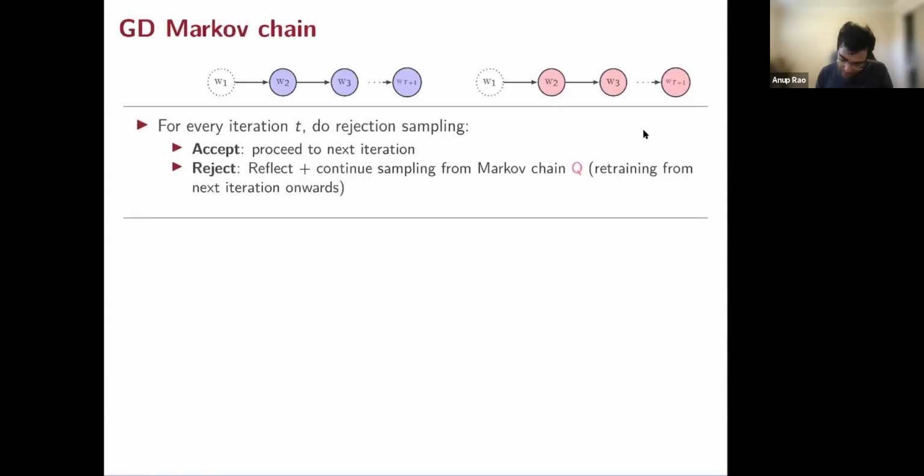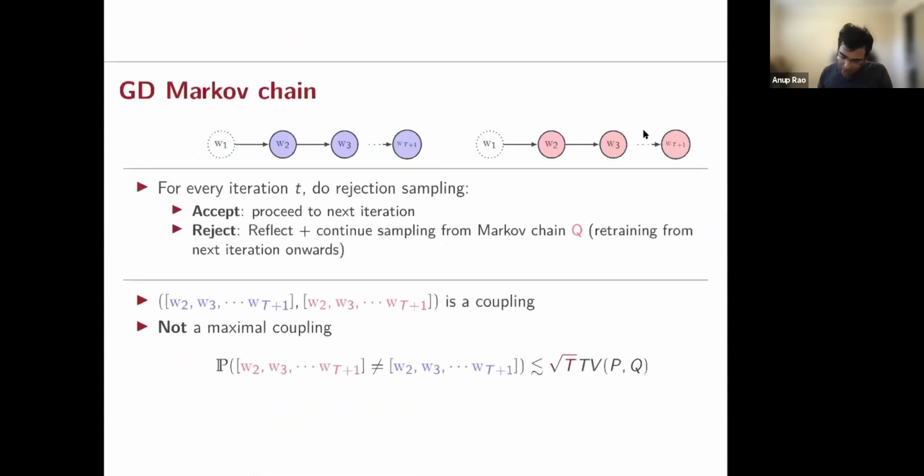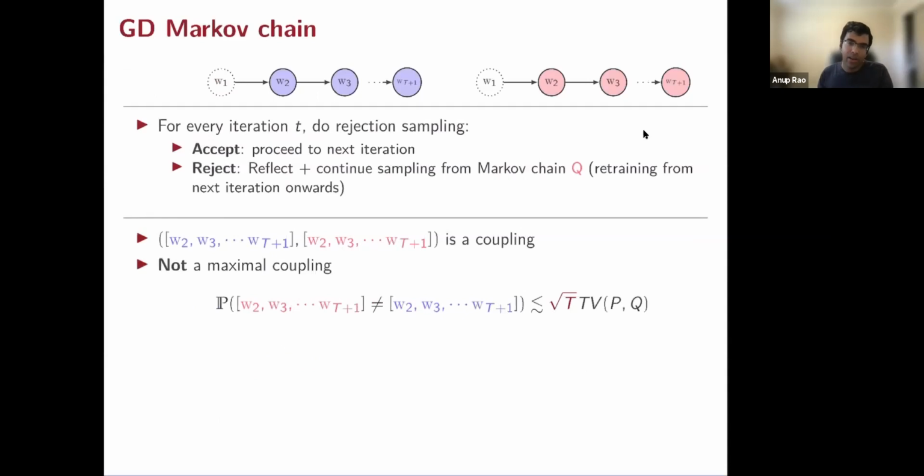We go through each of the iterates, and one by one, at each time iteration, conditional on the past, we have two Gaussians. We do reflection-based maximal coupling. We can show that the joint distribution is a coupling. But unfortunately, since we do it step by step, instead of looking at the joint distribution and doing a rejection sampling on the joint distribution, we don't end up constructing a maximal coupling. So we lose a factor of square root t.